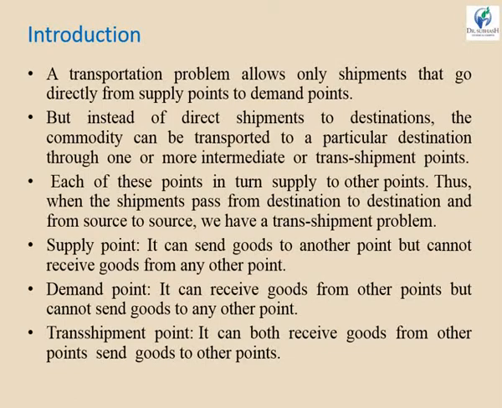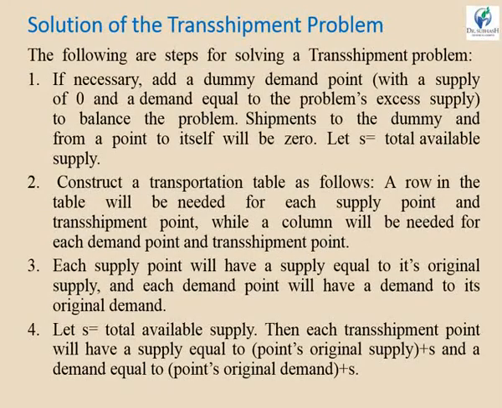So moving to our next slide, solution of the transshipment problem. So what are the steps that are used to solve the transshipment problem? The first point is, wherever it is necessary, if the problem is an unbalanced one, then one can add a dummy point, that may be a demand point or that may be a supply point, based on the requirement.